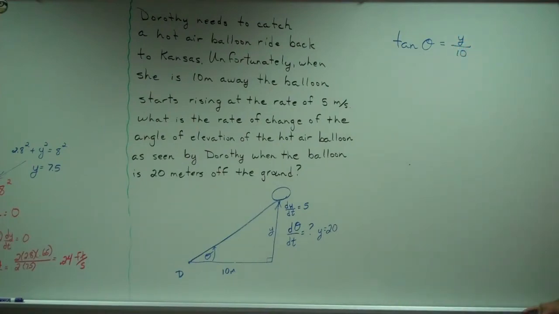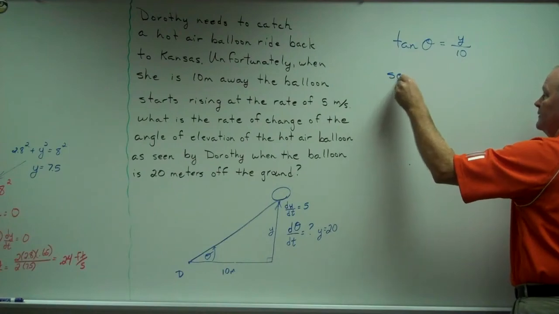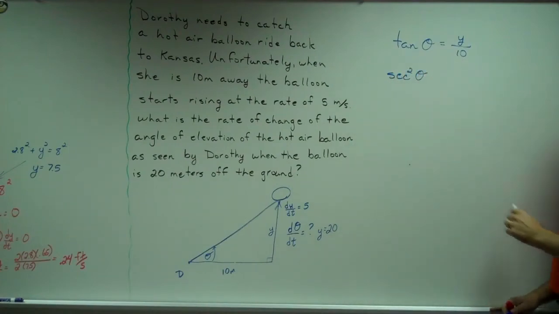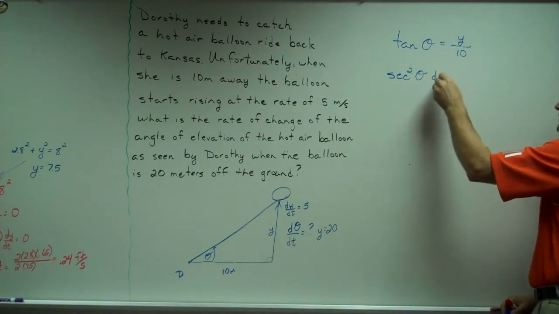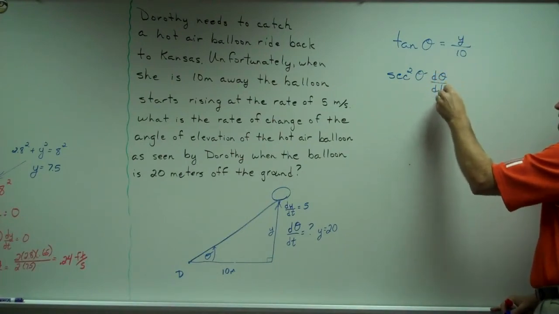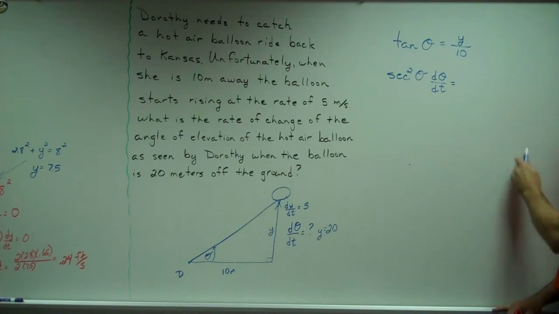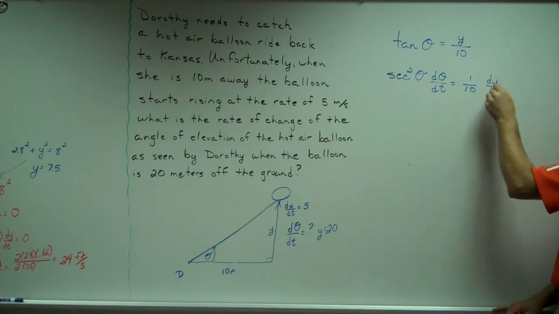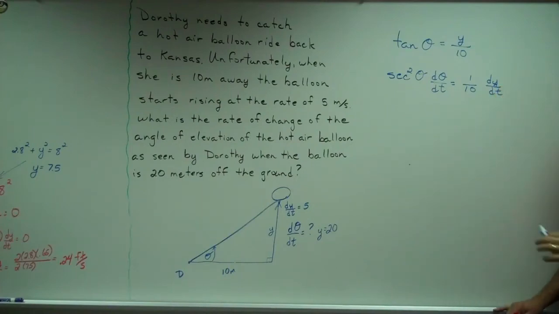The tangent of theta is y over 10. So now we just differentiate. The derivative of the tangent. And then the 10 stays along, right? 10's along for the ride, yep. Because that's like 1/10 of y, so it's just 1/10 dy dt.